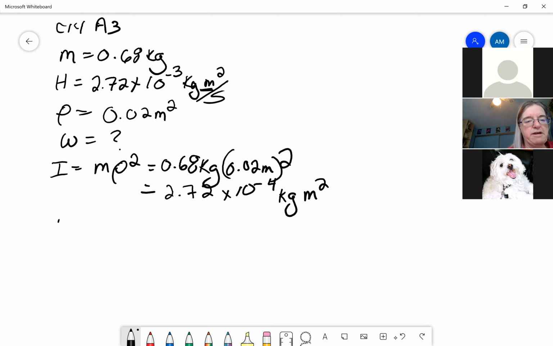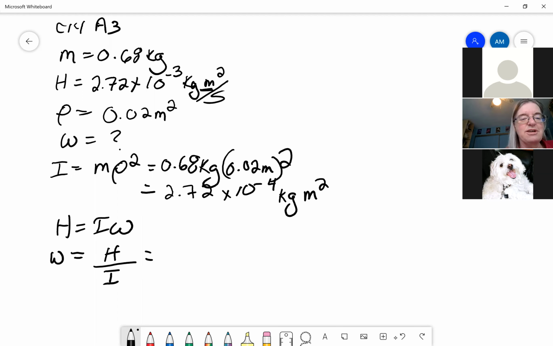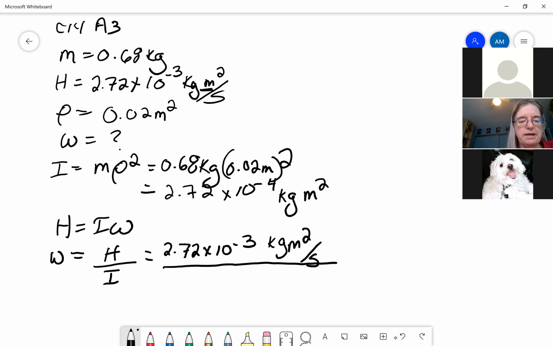And so we have, of course, angular momentum equals moment of inertia times angular velocity. Rearrange that. Angular velocity is going to equal angular momentum divided by moment of inertia, which is 2.72 times 10 to the minus 3 kilogram meters squared per second divided by 2.72 times 10 to the minus 4 kilogram meters squared.